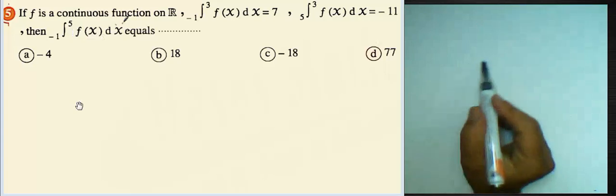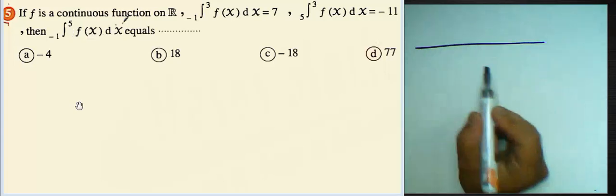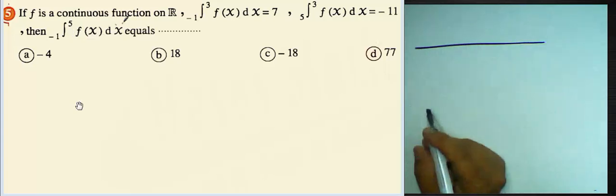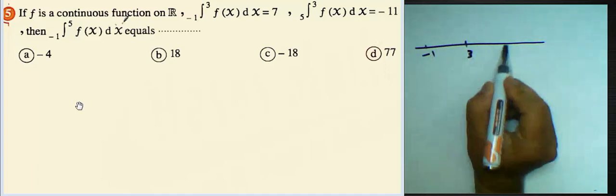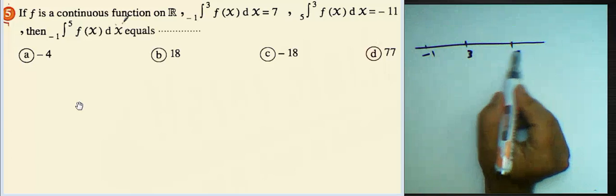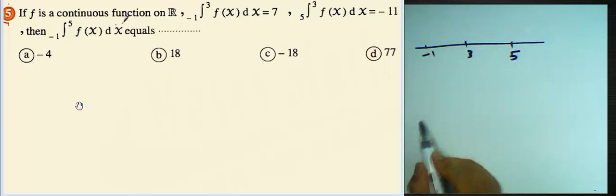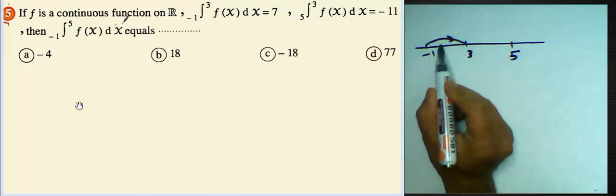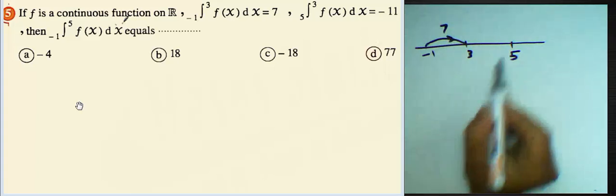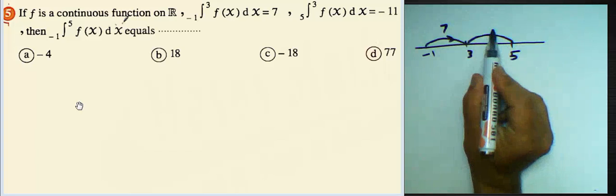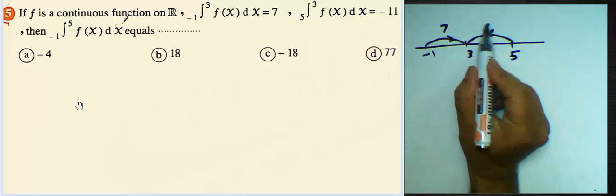Okay, we can arrange all the results in ascending order, from least to greatest number. Here we have -1 and 3 and 5. He gives us integration from -1 to 3 about this function, it will be 7, the result here. And from 5 to 3, look here, he gives us 5 to 3 equals -11.